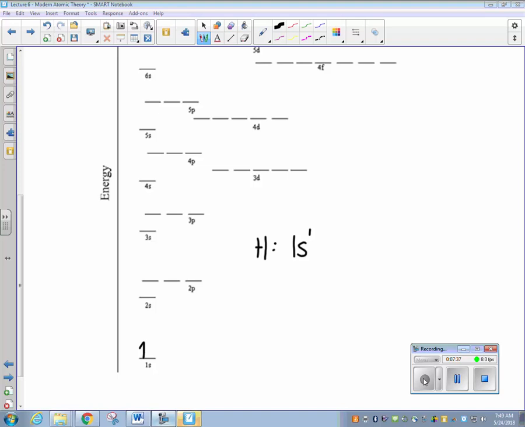Now helium, in contrast, has 2 electrons. Those 2 electrons for helium are going to, again, occupy their lowest potential energy positions. The lowest potential energy position electron is, again, going to be in that 1s orbital. The second electron that helium has, as an atom with 2 electrons, is also going to occupy the 1s orbital. We're going to designate this one with a little down arrow here. We call this electron spin down.